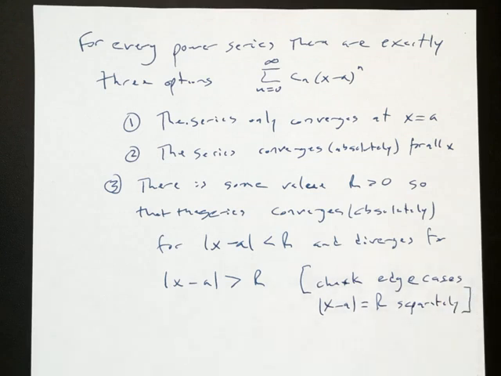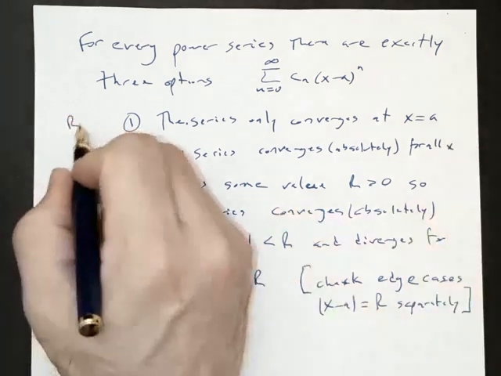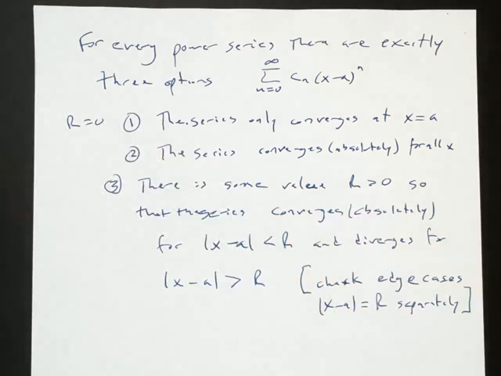R is called the radius of convergence, and the interval where the absolute value of x minus a is less than R is called the interval of convergence. Every time, you get one of three cases. If you're only converging at a single spot, we often say your radius is 0. Because you don't converge anywhere other than the center, you can't go any to the left or right.